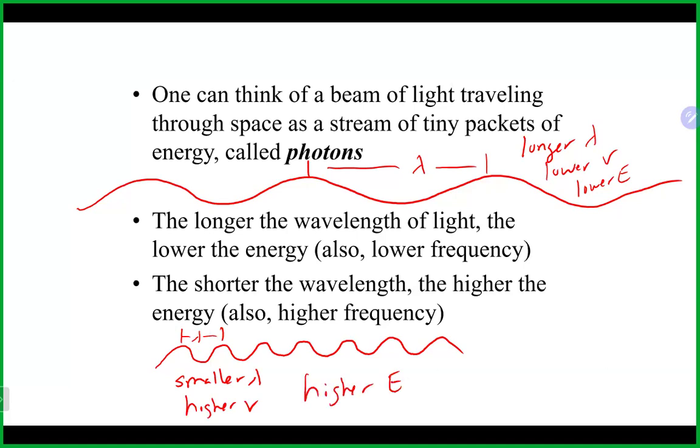As we will see shortly on this spectrum, things with really, really small wavelengths are very, very high in energy, and things with much longer wavelengths are much lower in energy. And even things like color, as we will see in a second, the different colors have different energies associated with them as they have different wavelengths associated with them as well.